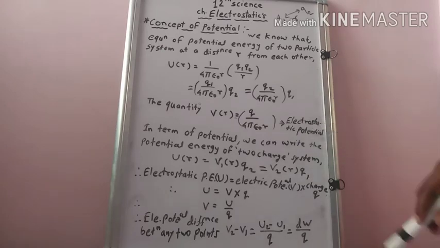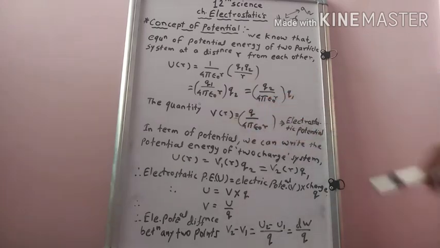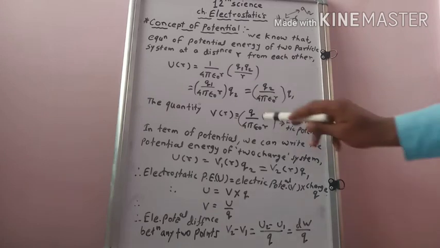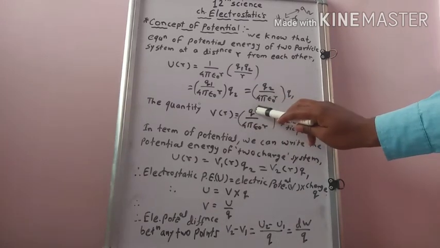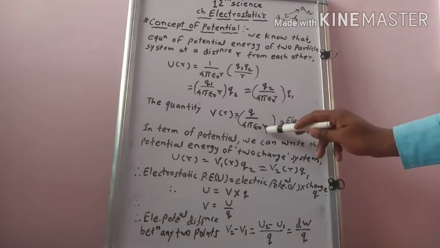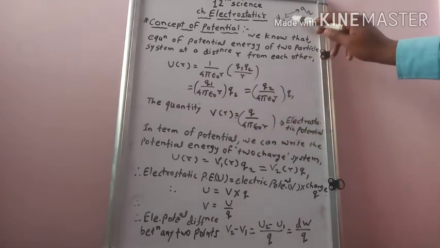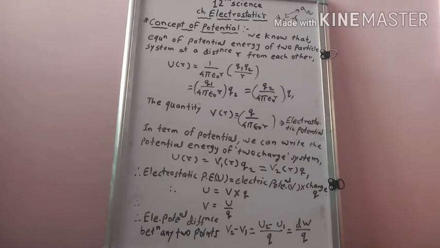This is the concept of potential. V of r is equal to Q upon 4 pi epsilon naught r. It is the electrostatic potential, and it depends upon the charge Q and the location of the point, at a distance r from the charge. Okay, thank you.